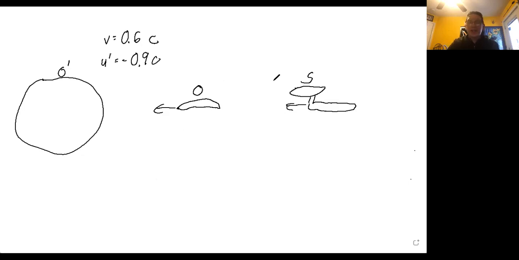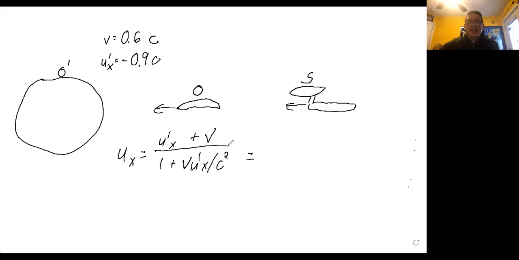So we want to find U. And so ux is equal to u primed x plus v. And so we'll call this u primed x. All the motion we'll say is in the x direction. And we're dividing that by 1 plus v u primed x divided by c squared. So let's see how that sets up.